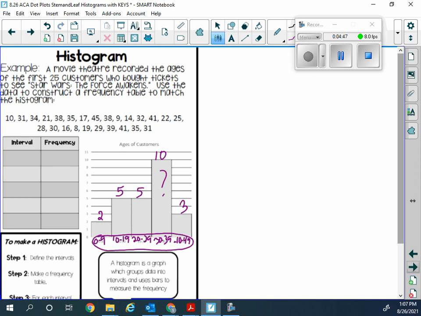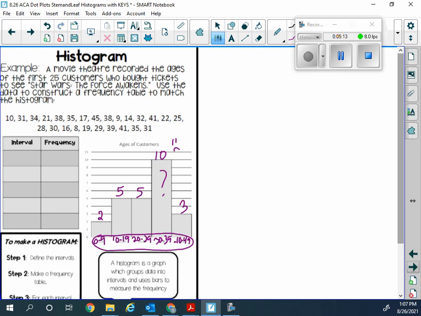What if I told you in the 20 range, there was a 25-year-old, a 25, a 25, a 25, a 25? Well, then what's the mode? 25. So I'm telling you this because don't be fooled by thinking just because it was the tallest one, that's the one that was the most, okay? You cannot tell that from a histogram. It's tricky.